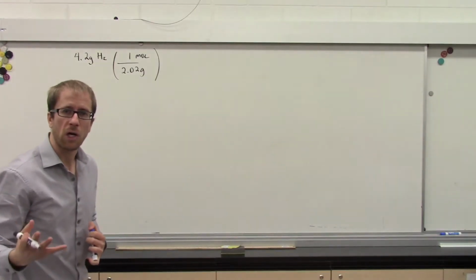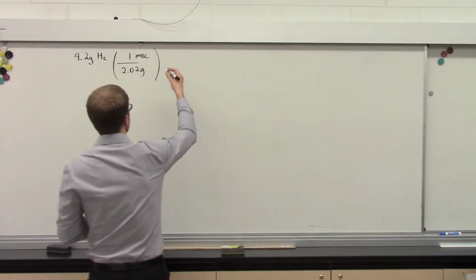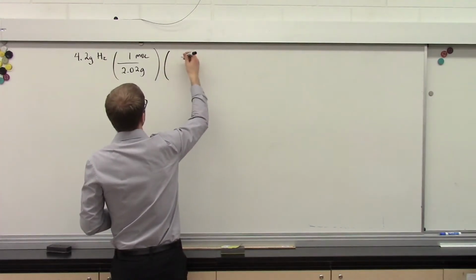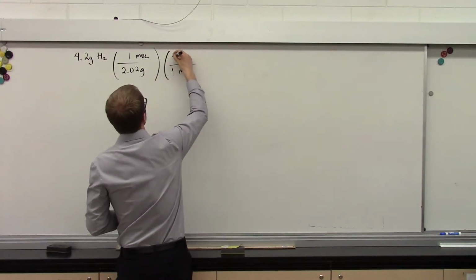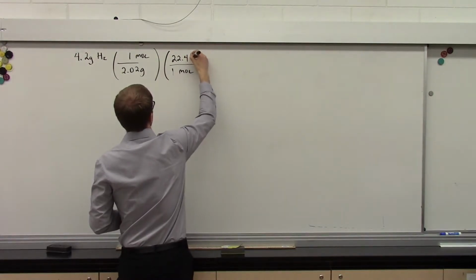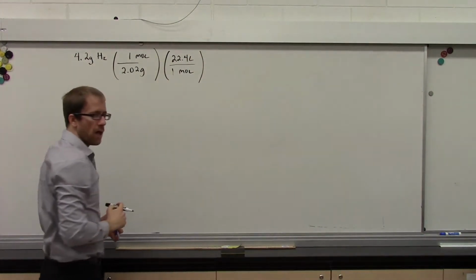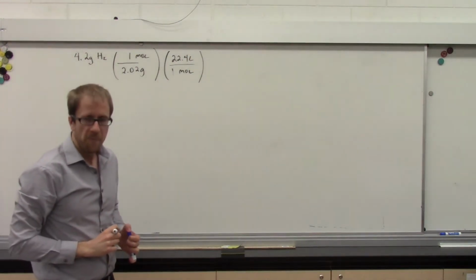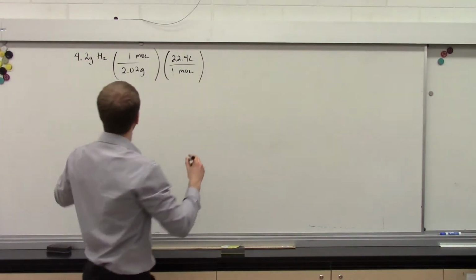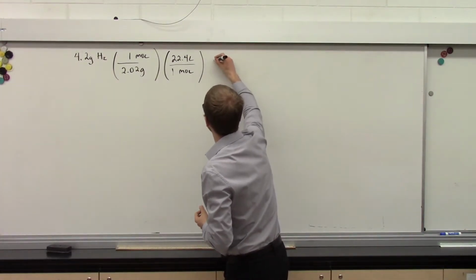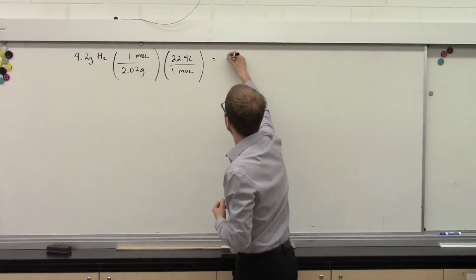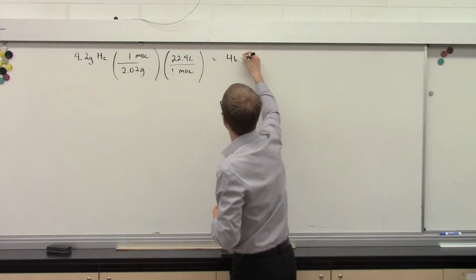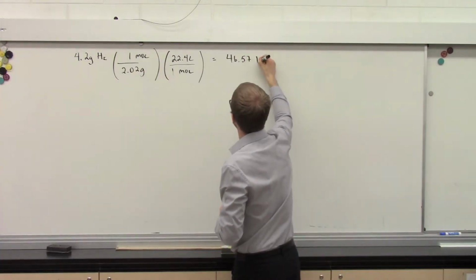What did you learn in stoich? Well, you learned that the conversion is for every 1 mole, there is 22.4 liters of gas. And if you do the math here, you'll find that 4.2 grams of hydrogen is equal to 46.57 liters.